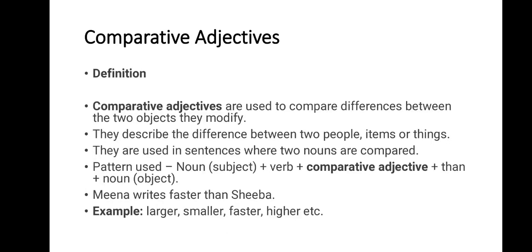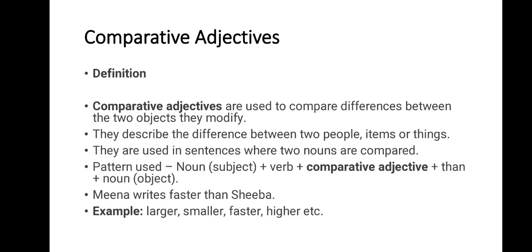So as the pattern says, you have the first subject or the first noun plus verb. What is the verb here? Writes. And then the comparative adjective faster. Comparative adjectives always use er. Fast, faster.